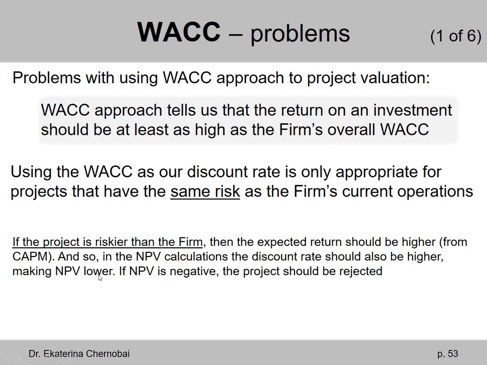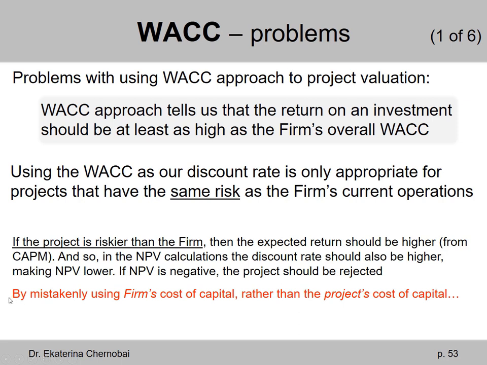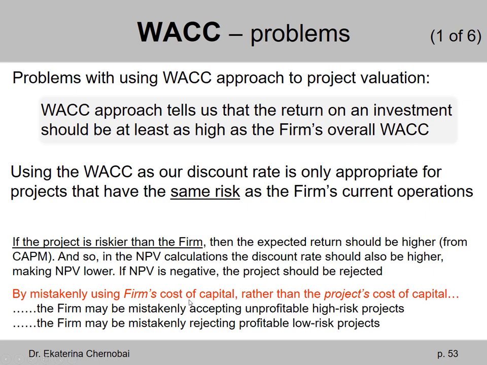And so it could be that the net present value is negative and the project should be rejected, following the NPV rule. But if we did not adjust the firm's WACC to this higher riskiness of the project, then we might be underestimating the true discount rate, which mathematically may end up giving us a positive net present value for a project that should have a negative net present value if we correctly used a slightly higher discount rate for it.